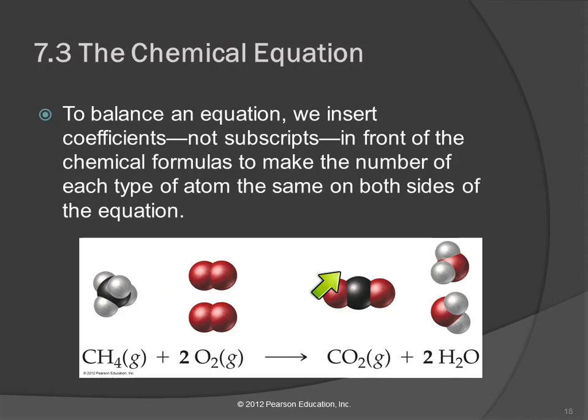We've got 1 black and 1 black. We have the same number of atoms of each element on each side of the arrow. We started with 4 hydrogens and 4 oxygens and 1 carbon. We end up with 4 oxygens and 4 hydrogens and 1 carbon. What has happened is they've just been put together differently.